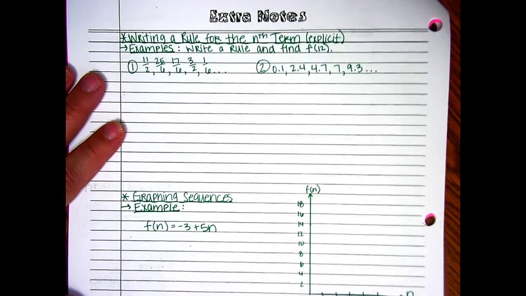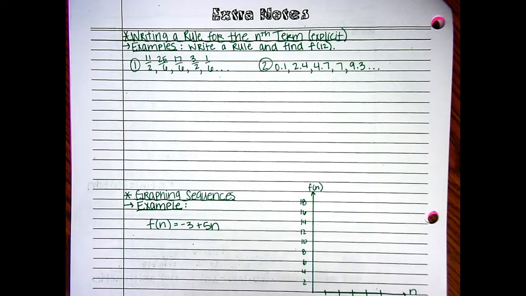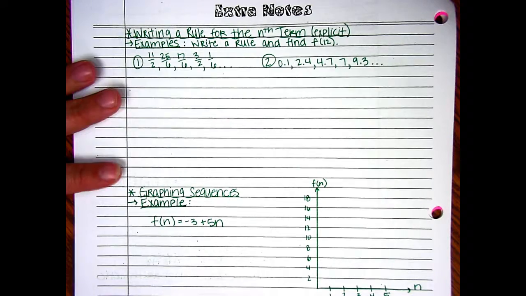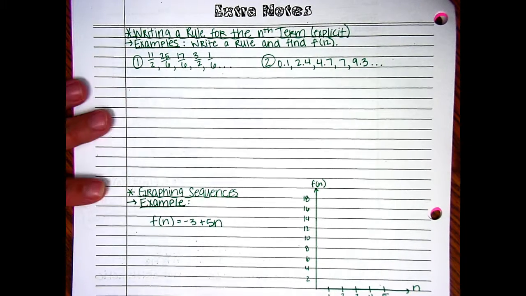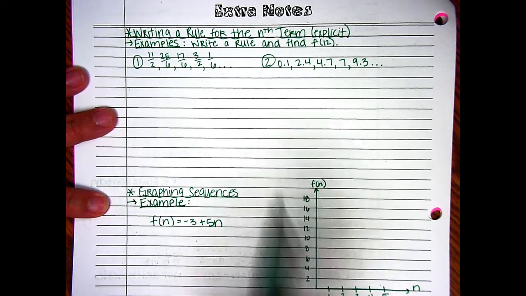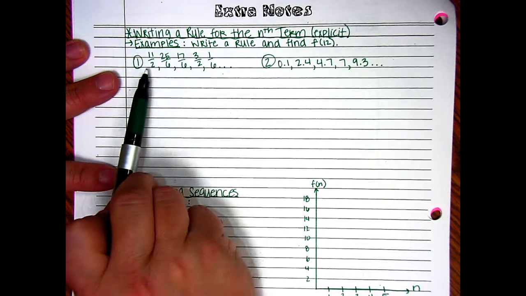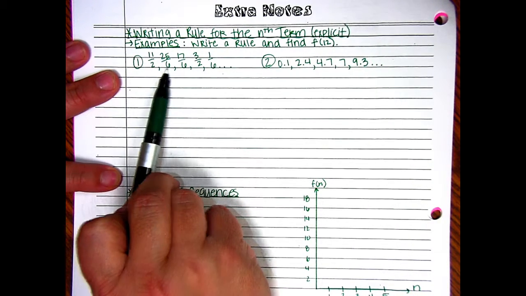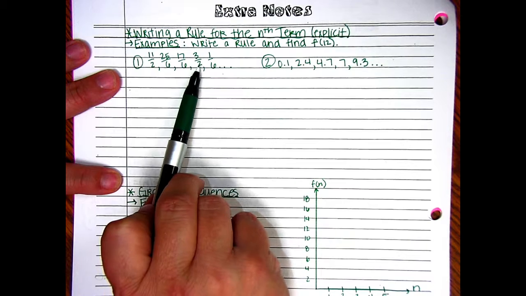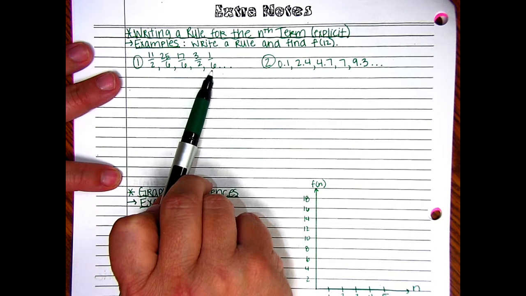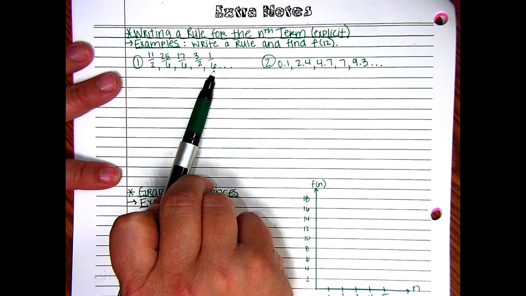Okay, in the extra notes, writing a rule for the nth term, which is writing the explicit rule. So we're going to write a rule, and then we're going to find f of 12, so the 12th term in the sequence. This one has 11 halves, 25 sixths, 17 sixths, 3 halves, and 1 sixth.